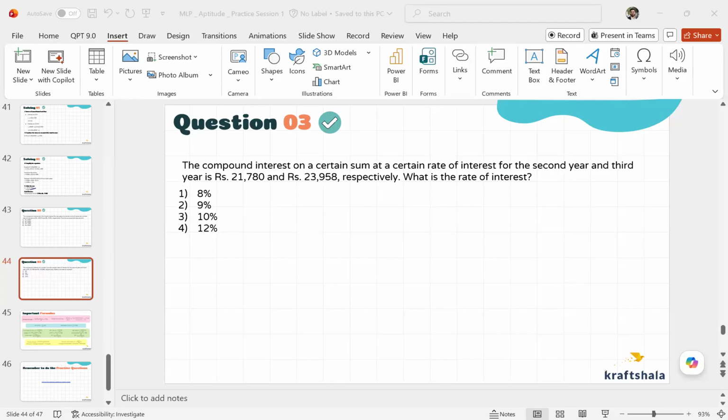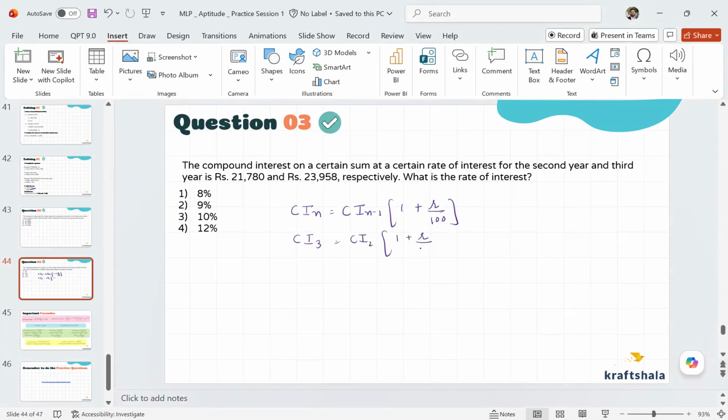Let's not do that. Instead, we can use the fourth formula here, right? CI_n is equal to CI_(n-1) times (1 plus R upon 100), right? So compound interest of the third year will be equal to compound interest of the second year times (1 plus R upon 100). And this is the value that we know. 23958 upon 21780 is equal to 1 plus R upon 100.